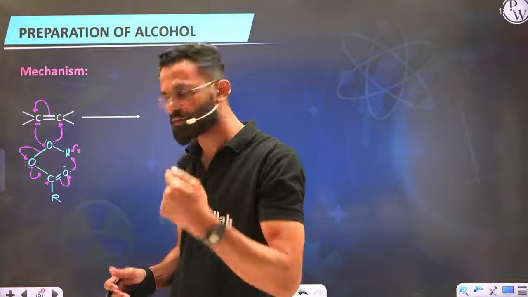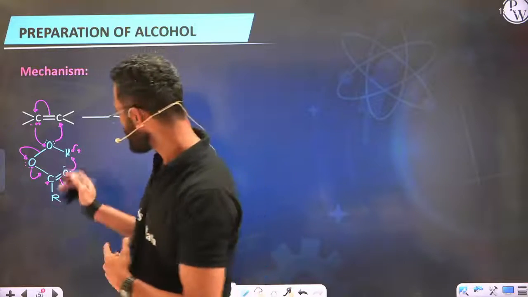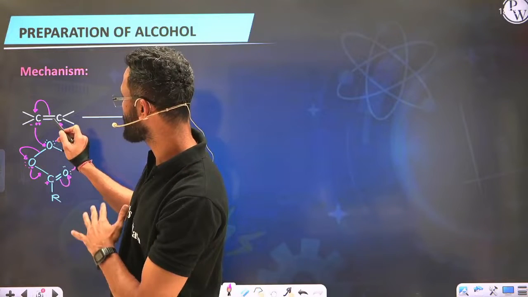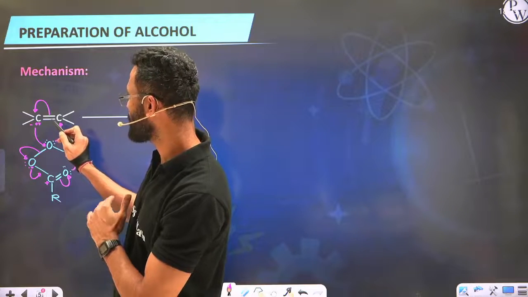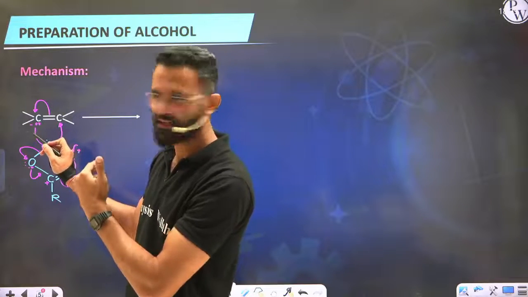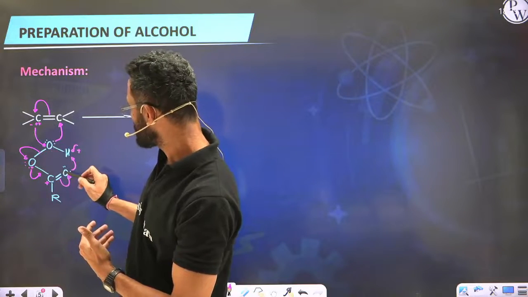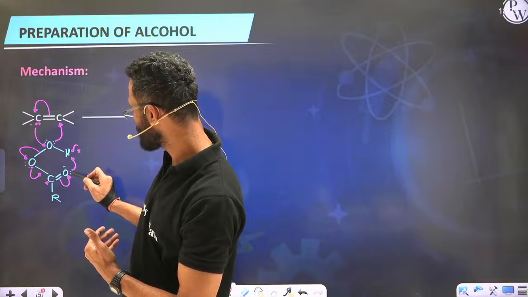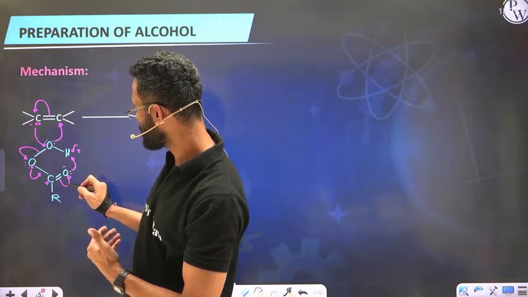The overall process, I'll repeat it one more time. This is the oxygen of the peroxy acid which is going to get added to the carbon-carbon double bond, carrying out oxidation, resulting in the formation of epoxide or oxirane. How does that happen? This lone pair of oxygen attacks H because it is delta plus. Oxygen, since it is sharing its electron pair, becomes deficient, so the pi bond breaks.